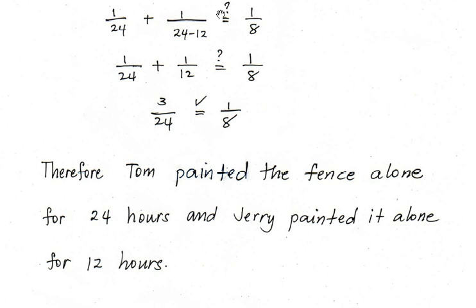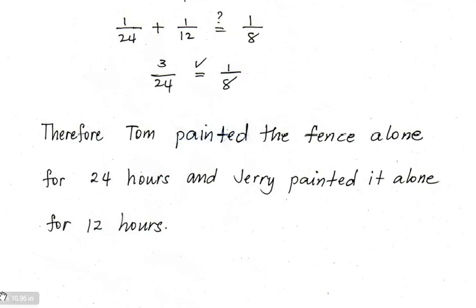Is it equal to 1/8? Let's see. 1 over 24, and this one will reduce to 1 over 12. Then simplifying this one, we have 3 over 24, and 3 over 24 is equal to 1/8. Okay, and we're done with the solution for problem number 4.